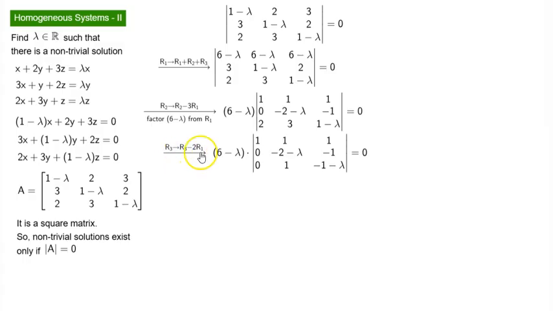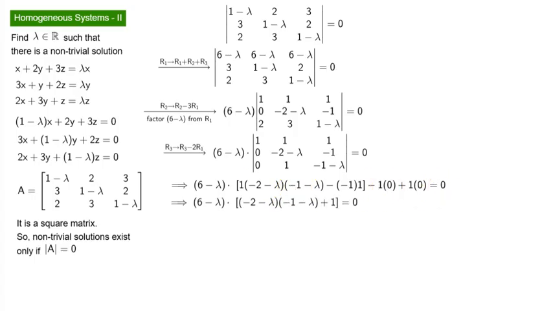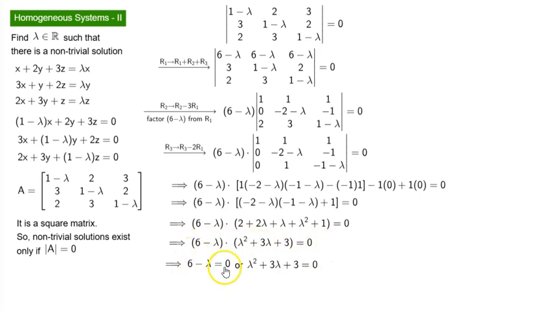R3 replaced with R3 minus 2R1, which implies basically taking the expansion of this determinant, (6 minus lambda) times this expression equal to 0. Now we keep simplifying it to get (6 minus lambda) times (lambda square plus 3 lambda plus 3) equal to 0. Now, if the product is 0, then 6 minus lambda equal to 0 or lambda square plus 3 lambda plus 3 equal to 0.